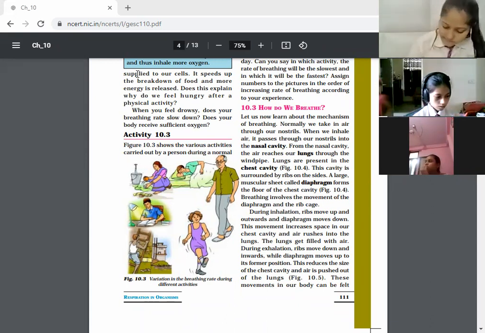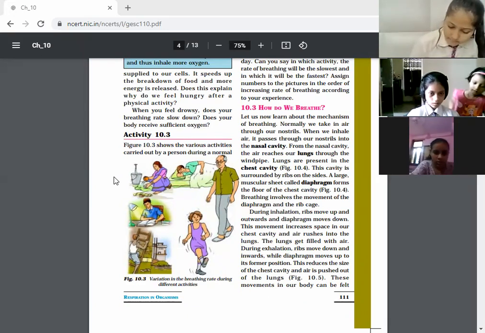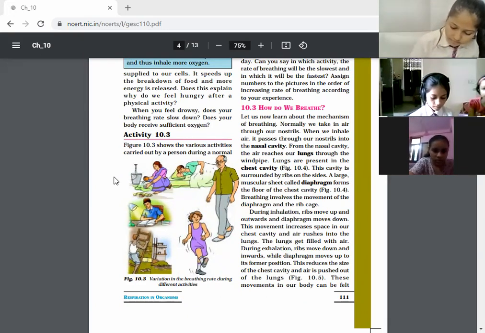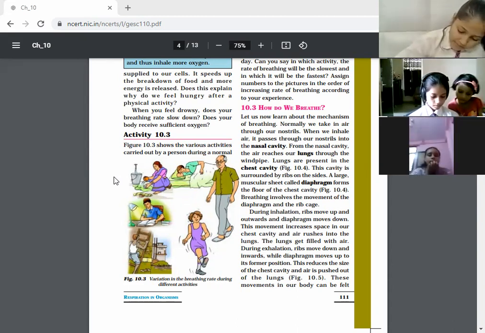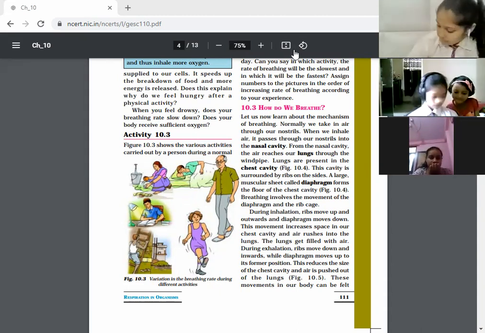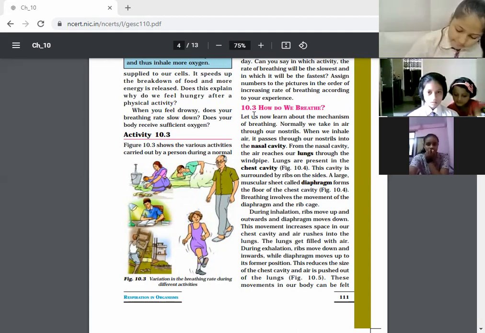After that, let's continue. How do we breathe? That is the respiratory system in human beings. Let's continue with the main organs of this respiratory system, and what happens during inhalation and what happens during exhalation. So today we'll continue from 10.3.